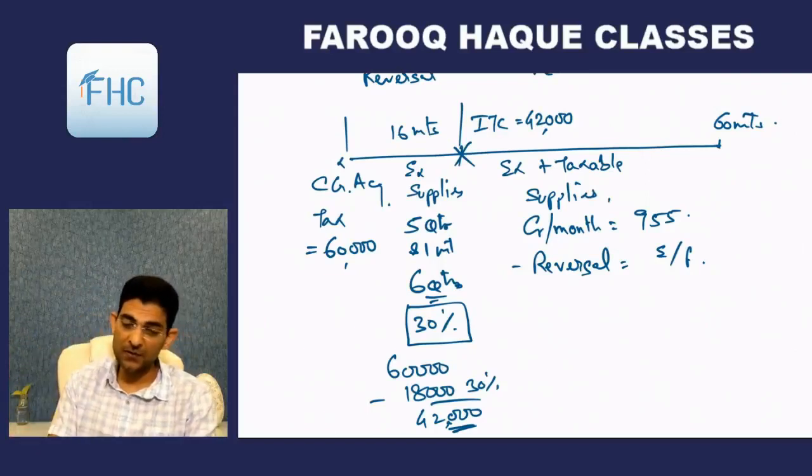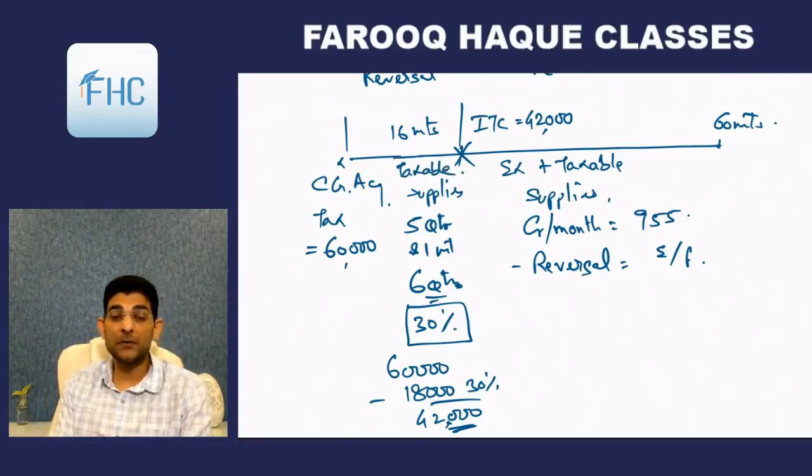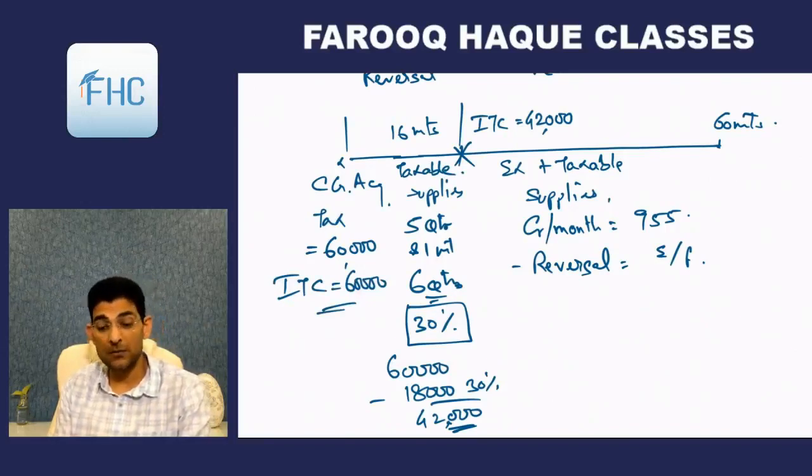So in the same example I'll tell you that if earlier this was for taxable supplies, in that case I would have taken full ITC here itself. ITC availed of 60,000, right? Then for 16 months it is used fully for taxable supplies, means 6 quarters, means 30%. So that 30% will be reduced, 18,000 gone.